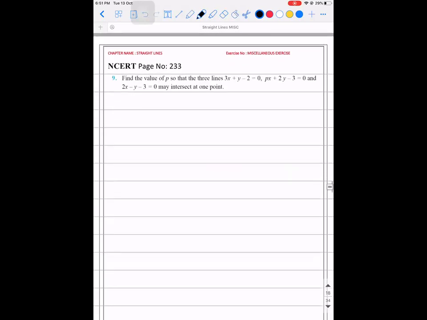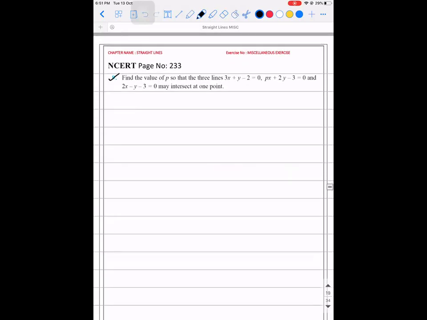Let's go to the next problem. Find the value of P so that the three lines may intersect at a point. So what are the names of the lines which are meeting at the point? There is some condition which I told you already. Fill in the blank.